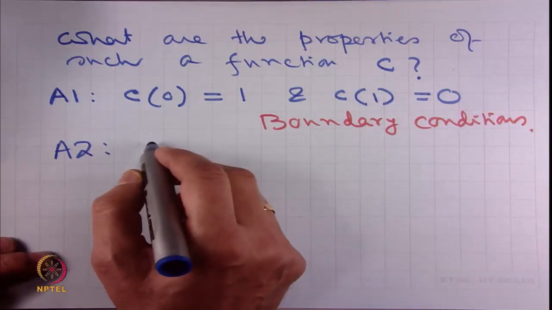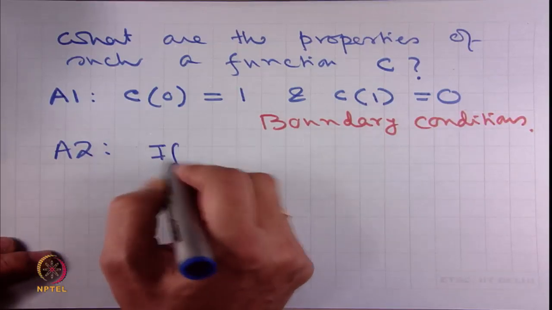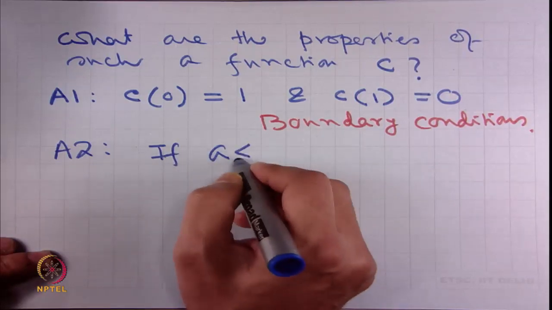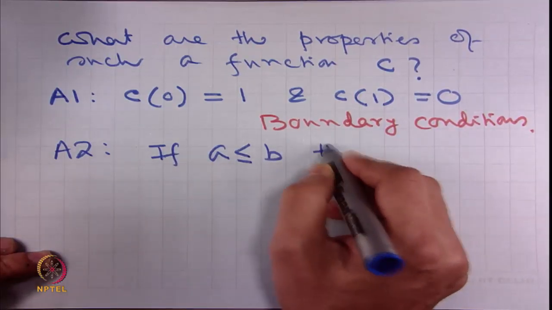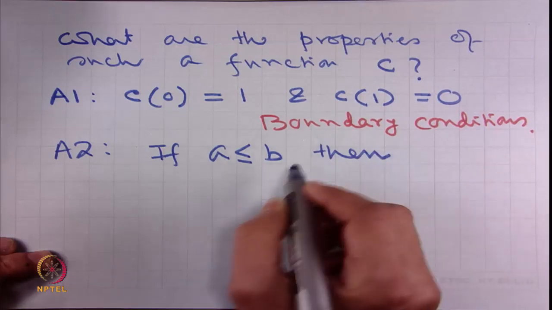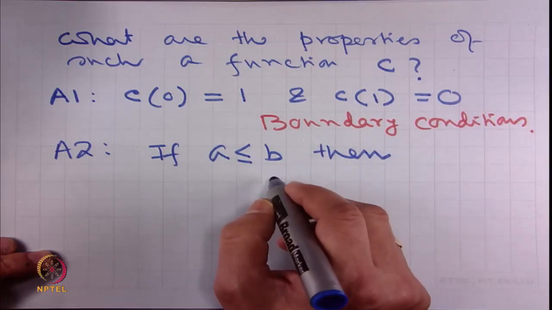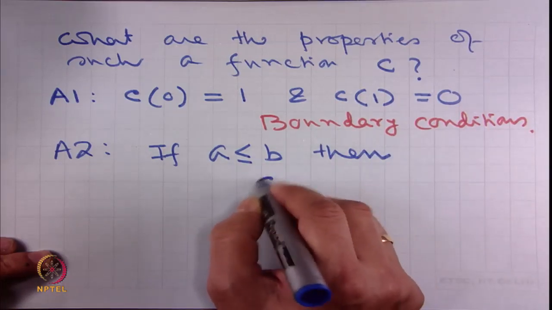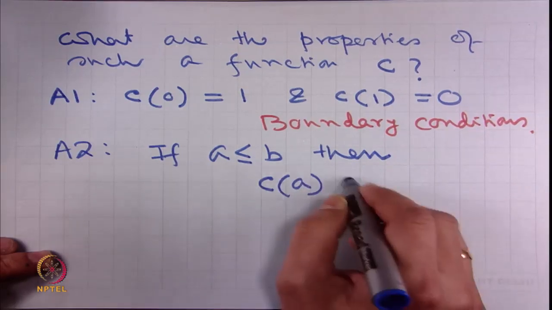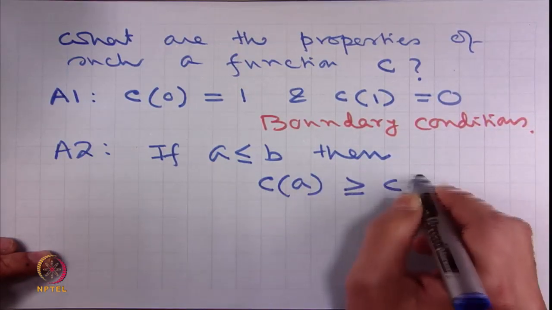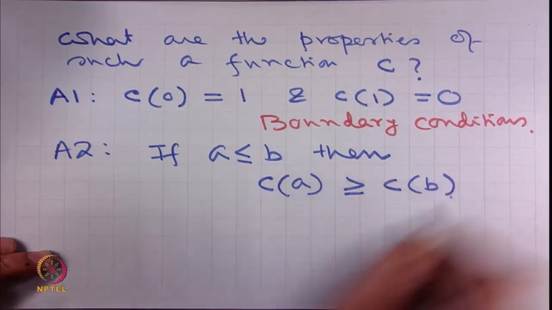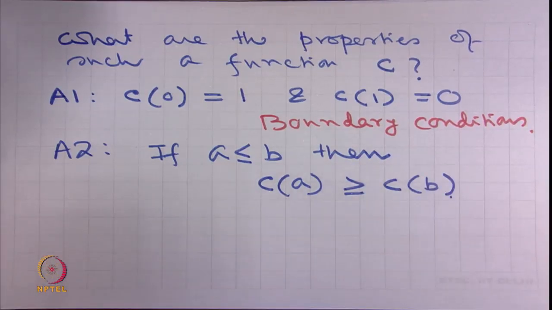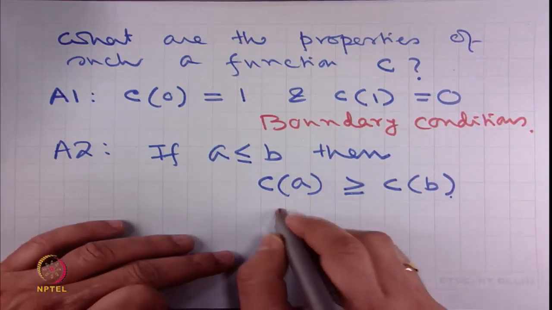Axiom 2: if A is less than or equal to B, then C of A is greater than or equal to C of B. This is called monotonicity.